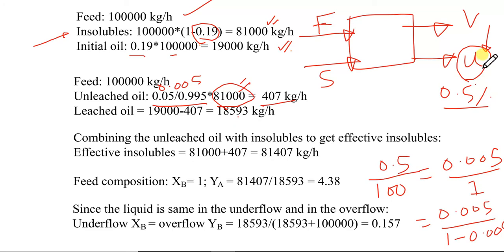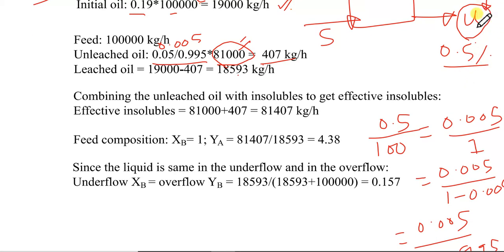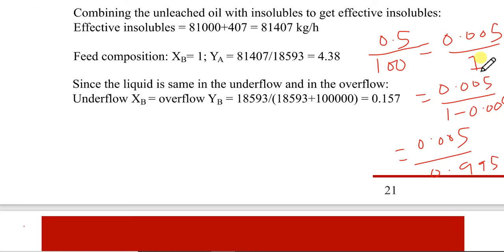In the underflow we have 0.5% of undissolved B. So if the total here is x, then x times 0.5 divided by 100 is the unleached oil which will go with the solid in the underflow.